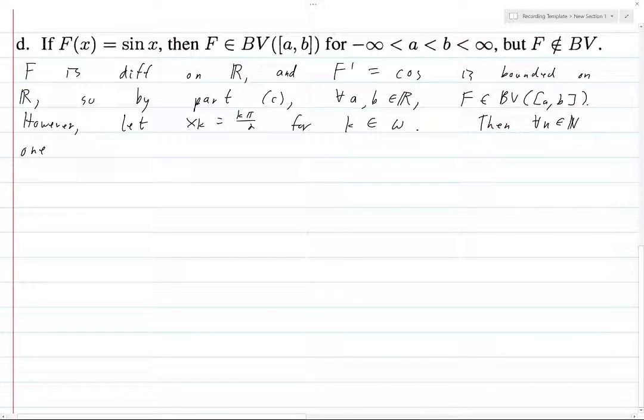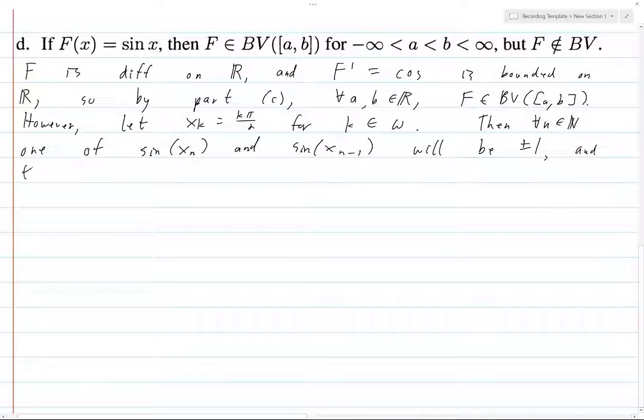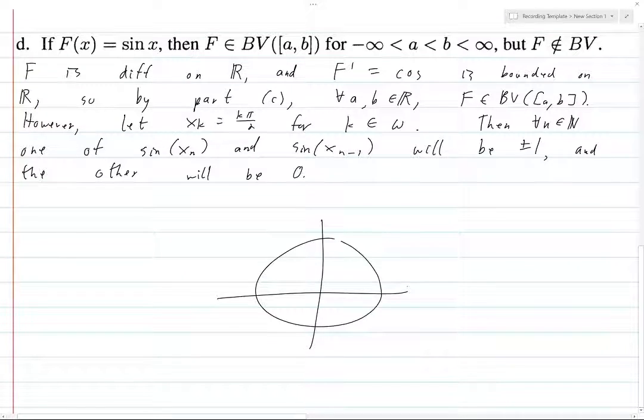So then for all n in the natural numbers, not in omega, one of sine x_n and sine x_{n-1} will be plus or minus 1, and the other will be 0. That's because if you look at this unit circle, we're taking k pi over 2 for integers which are not negative.